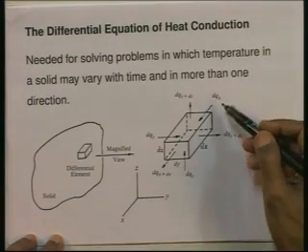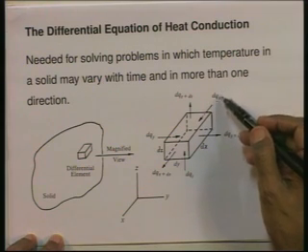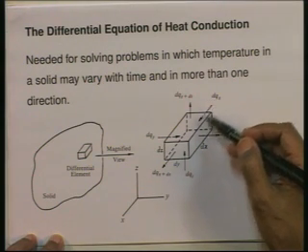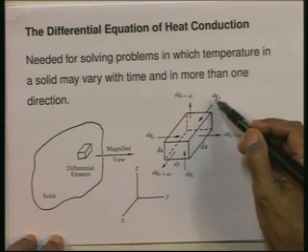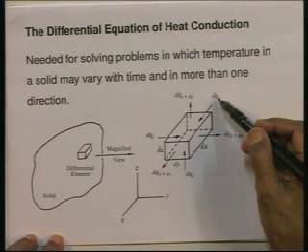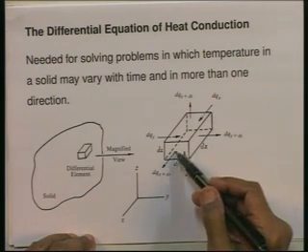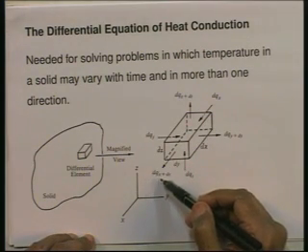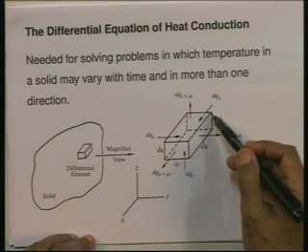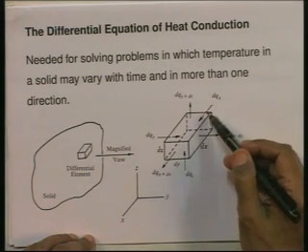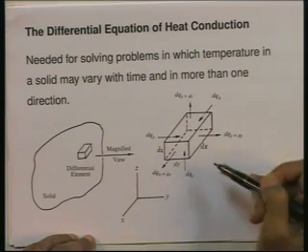So, let us say the heat flowing in the positive direction in this face will be dqx, some differential quantity because it is a differential element, and the heat flowing out here will be dqx plus dx because we have moved a distance dx forward in the positive x direction.